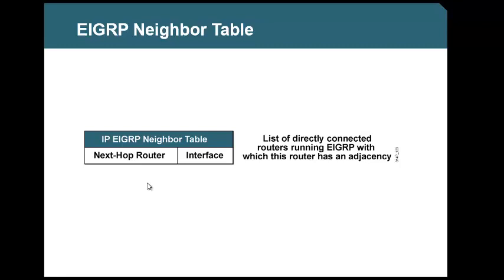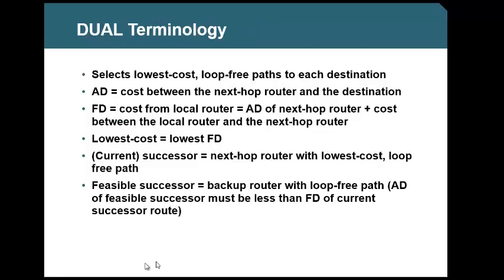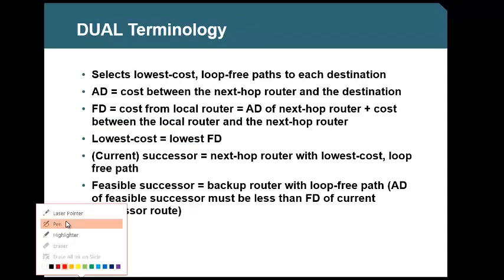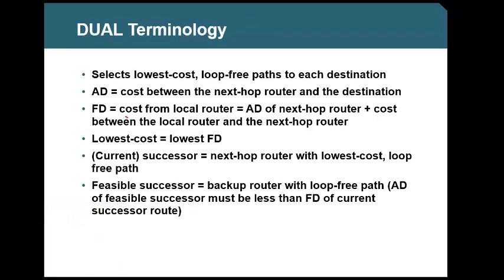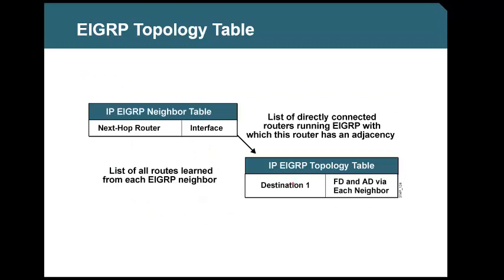In the topology table, there will be two paths. One is the successor route, which is called the primary route, and the backup route we call the feasible successor.